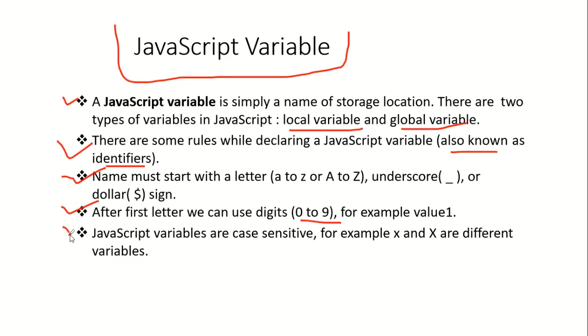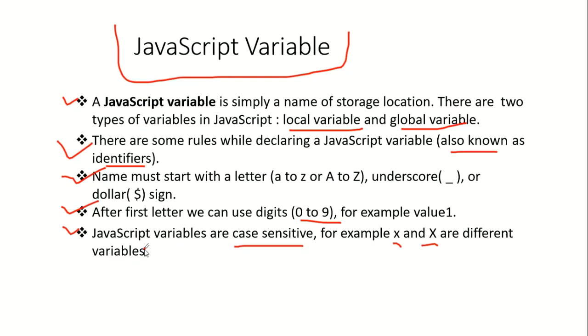And JavaScript variables are case sensitive. Uppercase A and lowercase a are different. For example, uppercase X and lowercase x are different. That is why we call this case sensitive.